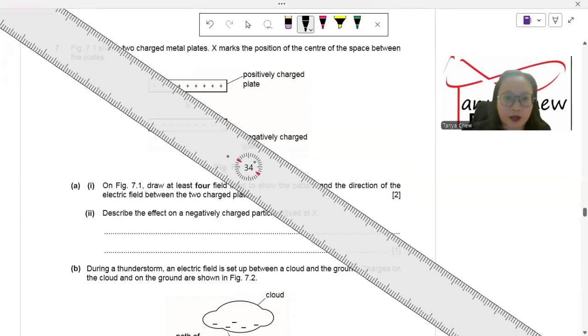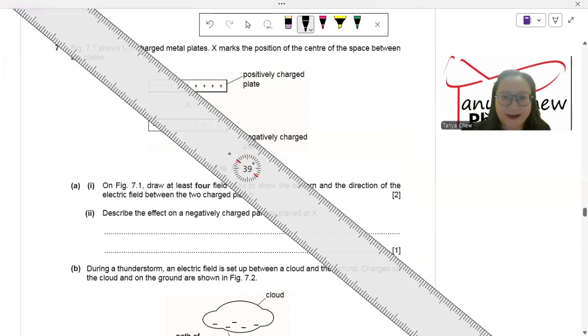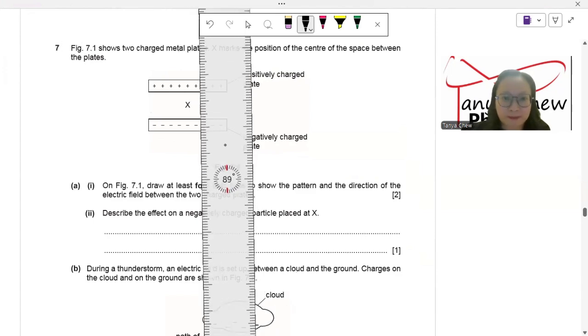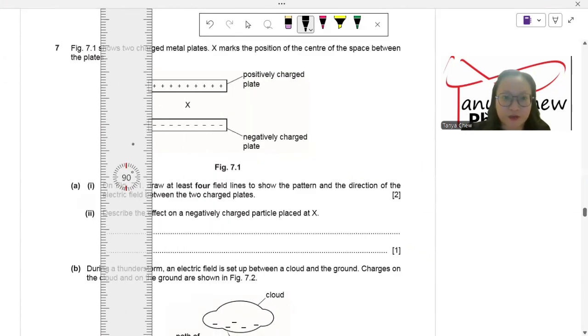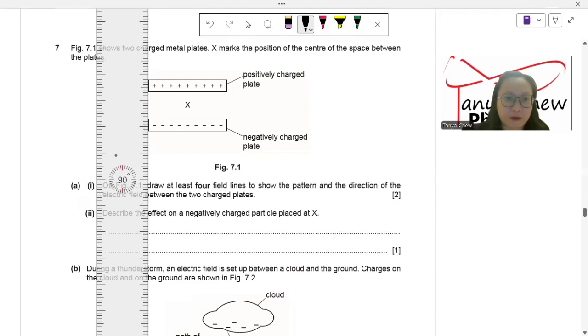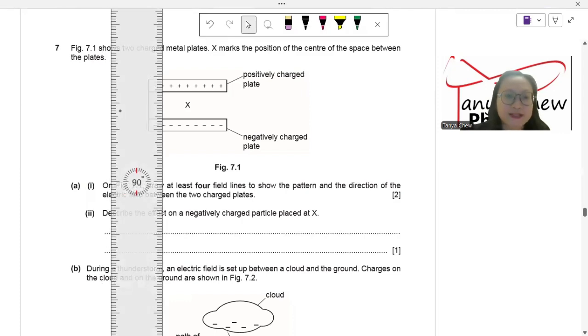So whenever we are asked to draw, bear in mind that when you have two parallel plates facing each other in opposite directions like that, this is called a uniform electric field. Meaning you have to draw equal separation between two field lines.